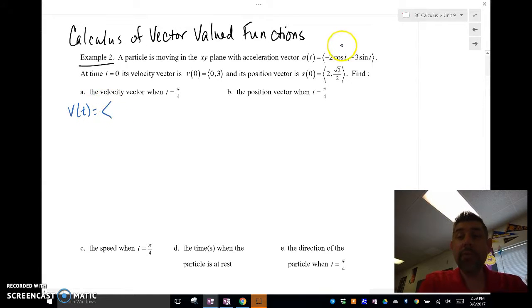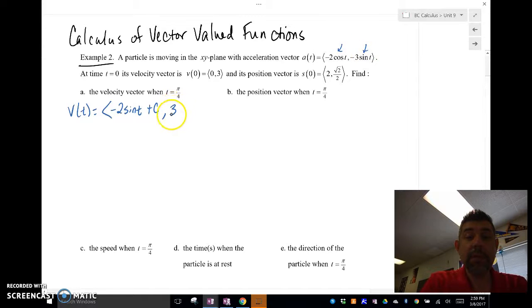The antiderivative of -2 cosine t is going to be -2 sine t plus c, don't forget your plus c, and the antiderivative of -3 sine t is going to be 3 cosine t plus c. I'm going to say this is c1 and this is c2, because I want them to be different c's.